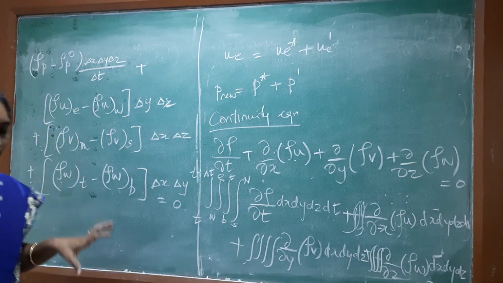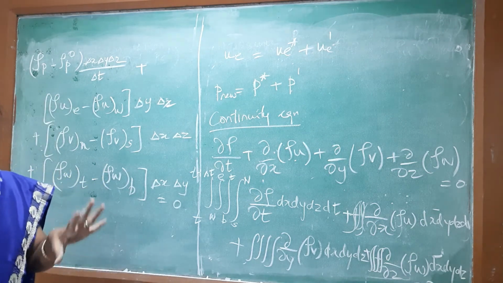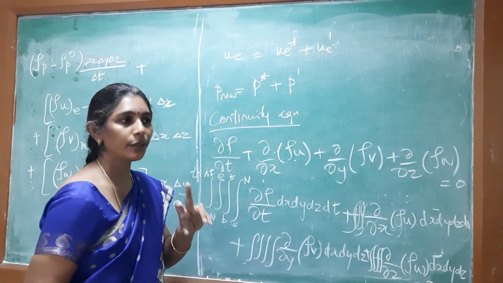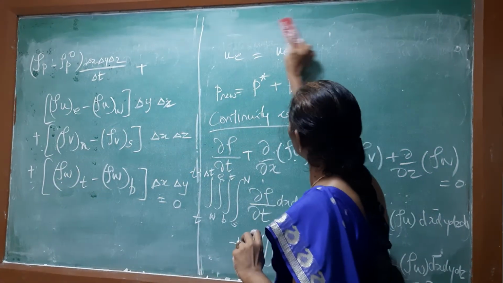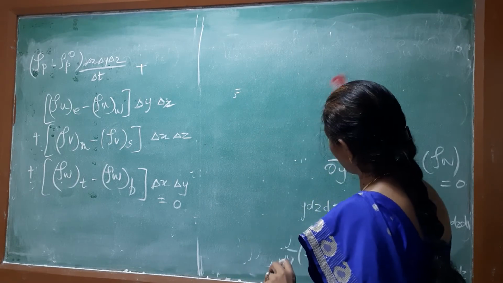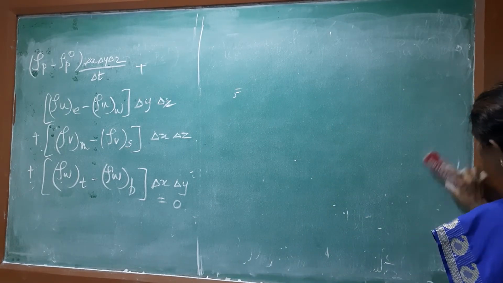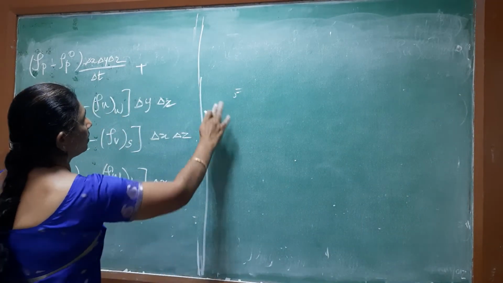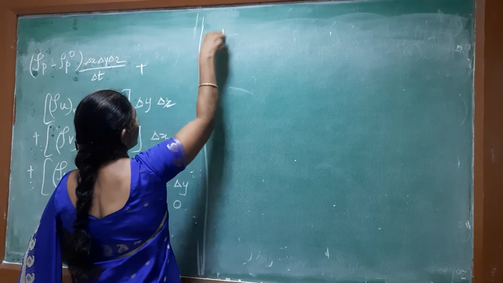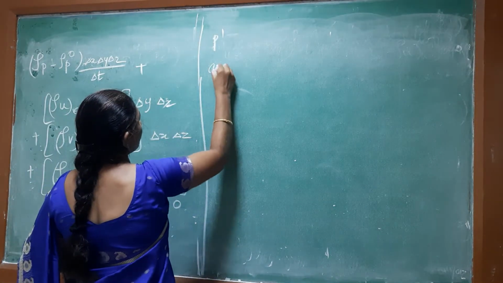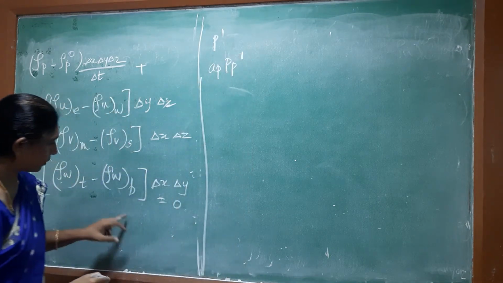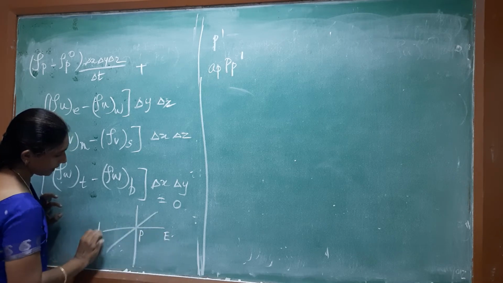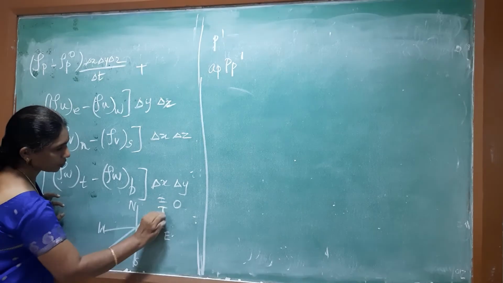Now using this, we are going to write the pressure correction equation from the continuity equation. That is pressure correction equation P dash, and that too we are going to write in the discretized form. So the pressure correction equation is nothing but AP PP dash, I hope you remember what I have drawn here. This is the point P, this is east and west, north, south, top and bottom.